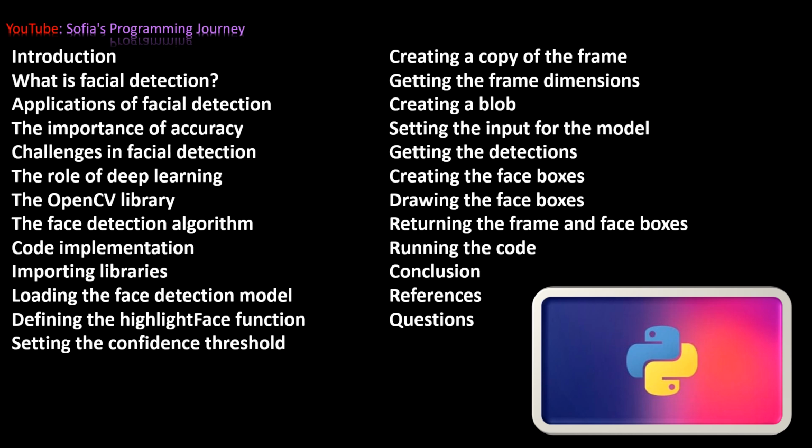Defining the highlight face function. Setting the confidence threshold. Creating a copy of the frame. Getting the frame dimensions. Creating a blob. Setting the input for the model. Getting the detections. Creating the face boxes. Drawing the face boxes. Returning the frame and face boxes. Running the code. Conclusion. References.